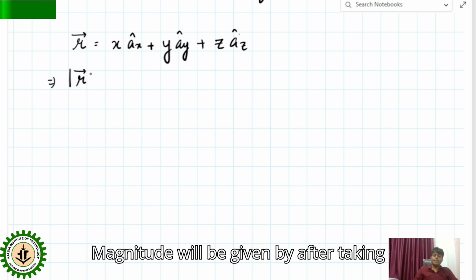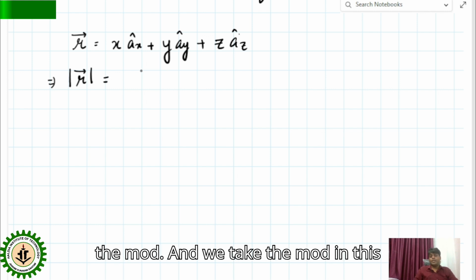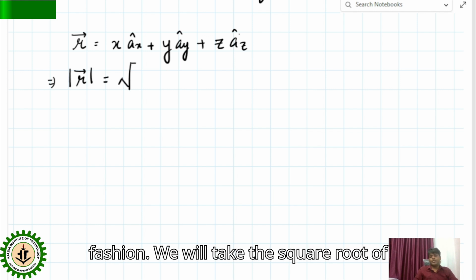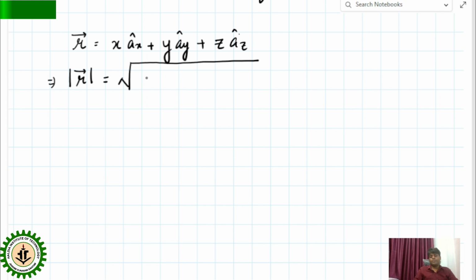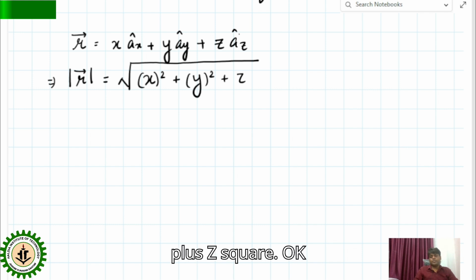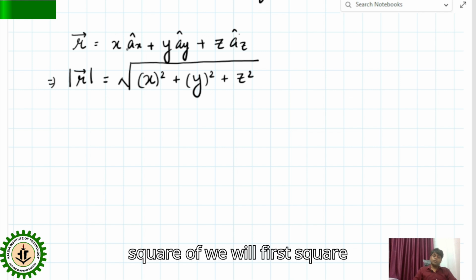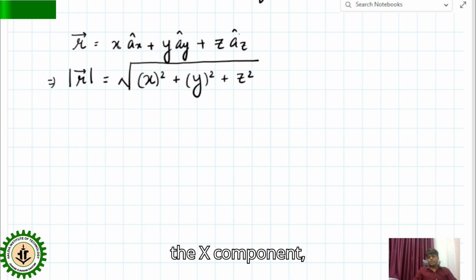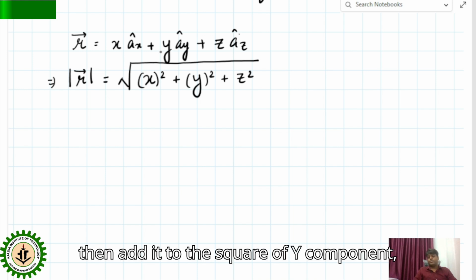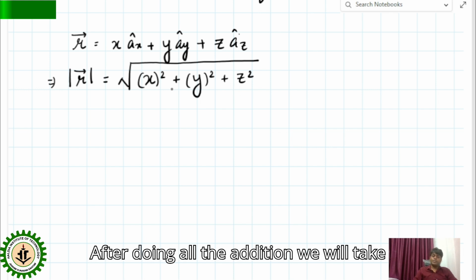After taking the mod, we take the square root of x square plus y square plus z square. We first square the x component, add the square of the y component, then add the square of the z component, and after all the addition, we take the square root.